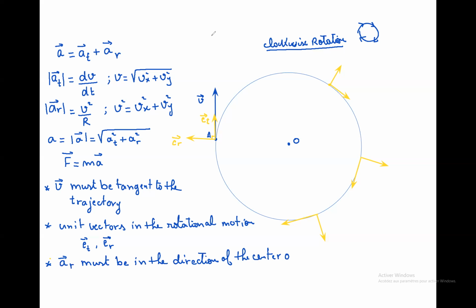So here we have the black color for the AR. At this point, AR to the center. At this point, AR to the center. Also to the center. At any point, it must be directed toward the center.